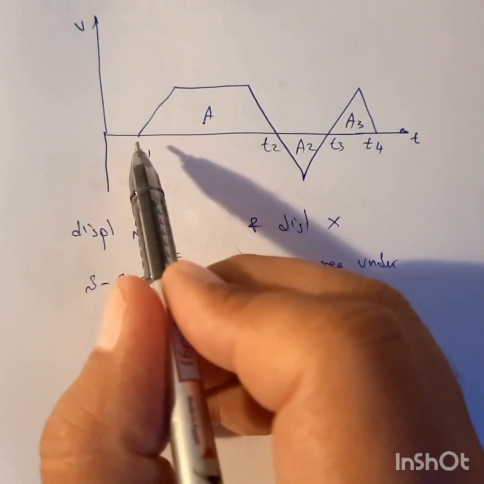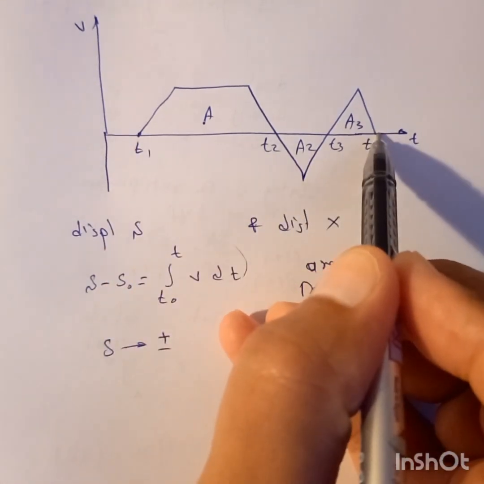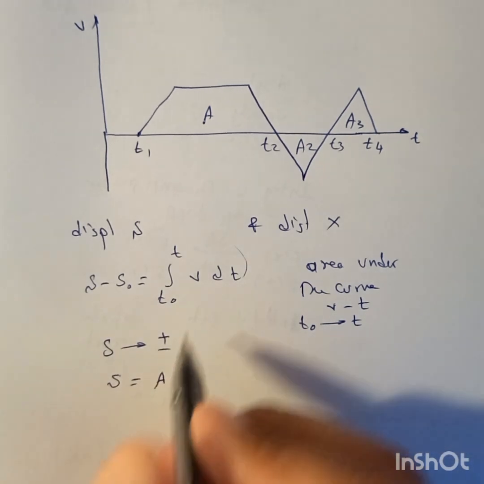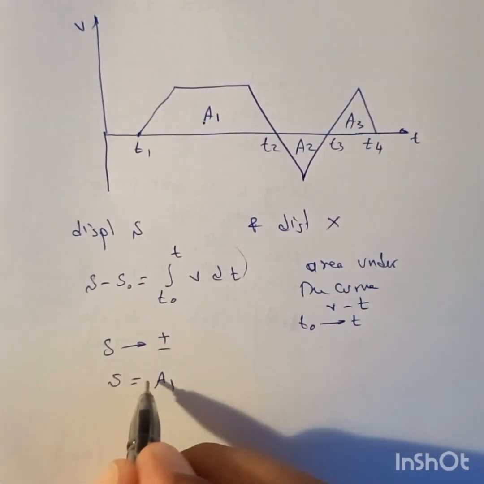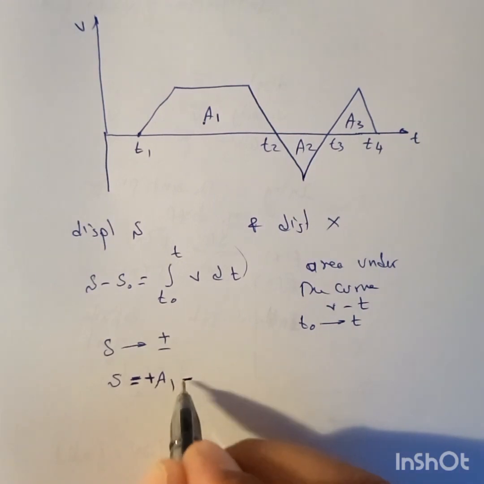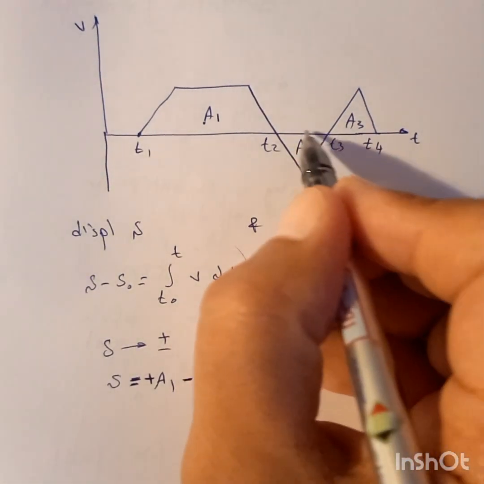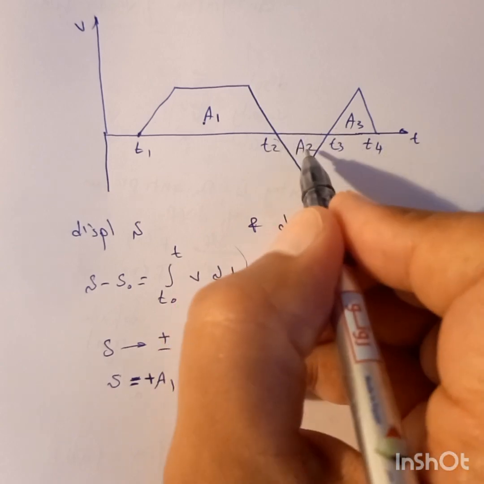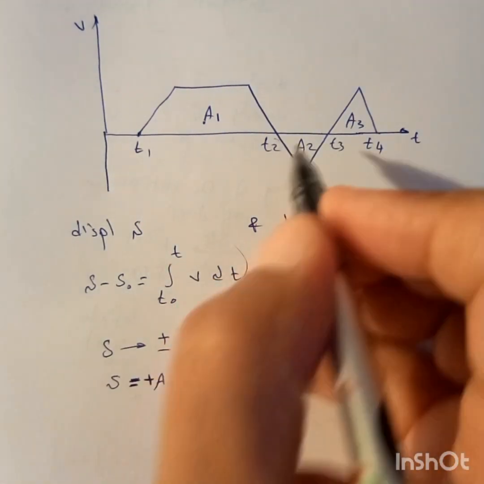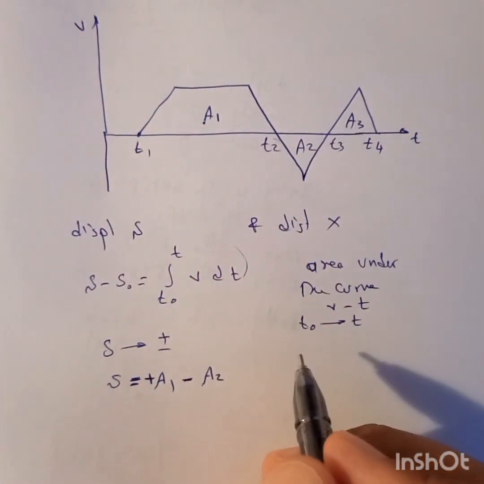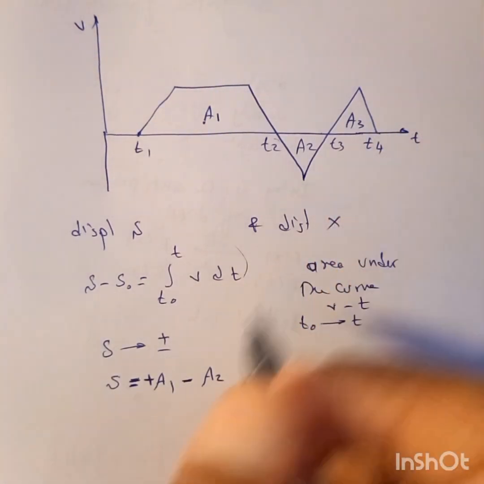To find the displacement from t1 to t4, we have s equals area A1, which is a positive quantity as it is above the x-axis, and minus A2, the area of this triangle, which has a negative sign as it is drawn under the x-axis representing time.